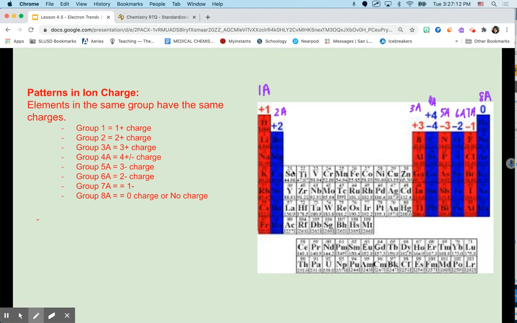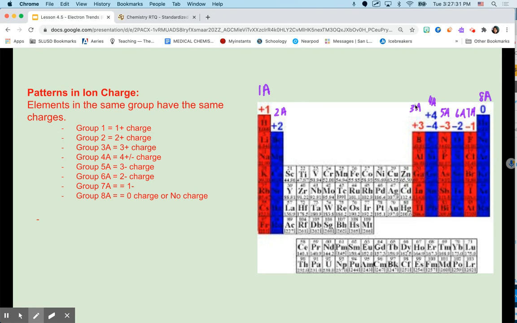And that's because their charges get kind of weird. Same with their valence electrons. There are a lot of exceptions to the rules. So we're just going to pretend that this middle part here that isn't colored doesn't exist for now. And then we'll get back to it later once we learn the basics.